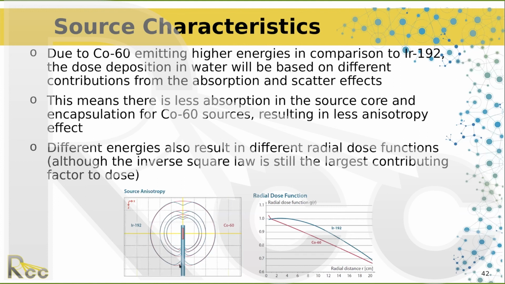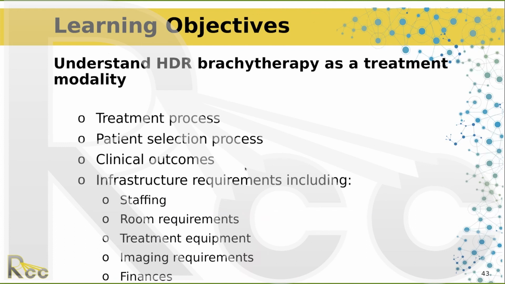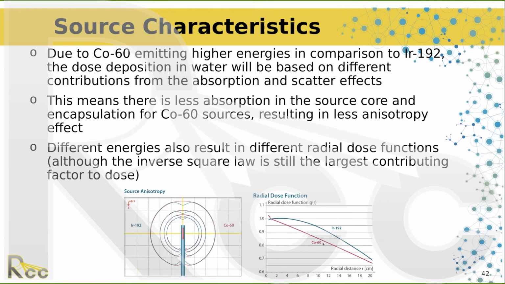There's still some dimpling at the bottom with the wire, but there's no dimpling at the top with the source encapsulation. Those different energies also result in different radial dose functions. Although the inverse square is still the largest contributing factor, it's not quite the same as iridium-192.